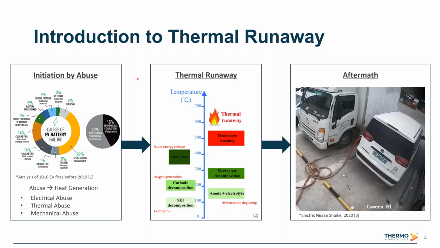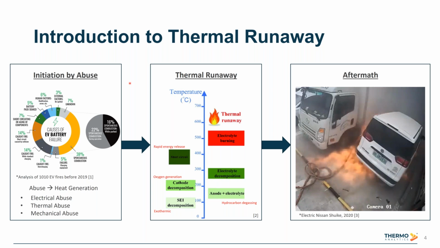So thermal runaway is basically a runaway exothermic reaction inside the battery cells. Thermal runaway can occur under conditions when the rate of heat generation in the cells is higher than the rate of heat dissipation. And if these conditions persist for some time, the cells can achieve temperatures that sustain this runaway reaction, and the reaction can propagate from cell to cell within the pack.